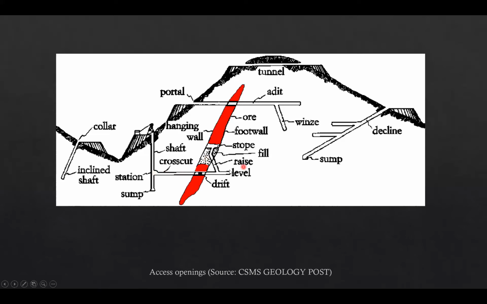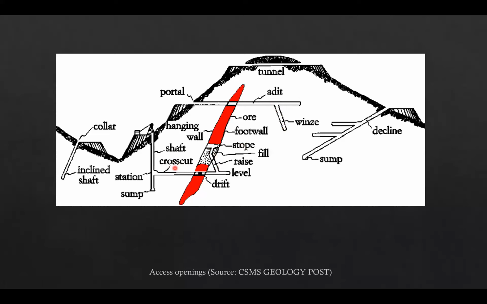Then we have raise, which is a vertical opening going upwards from the adit or level, and winze, which is also a vertical opening, but it goes downwards from the adit or level to reach the ore body. Then we have crosscut, which connects different levels at the same elevation.